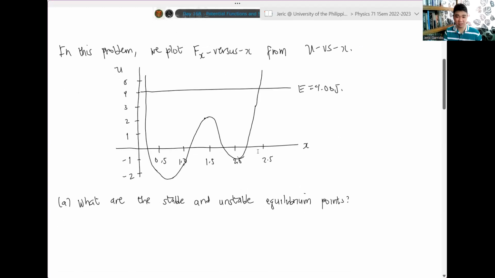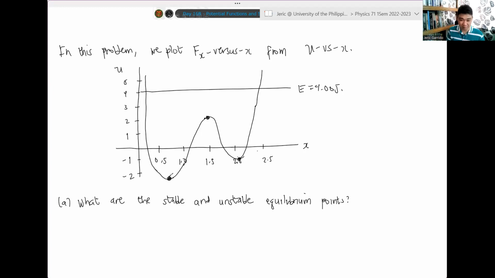Okay, pwede natin approximate. Alin dyan yung mga hills at saka yung mga valleys? So ano yung lowest points or local minima and ano yung mga local maxima? So you can always approximate it.